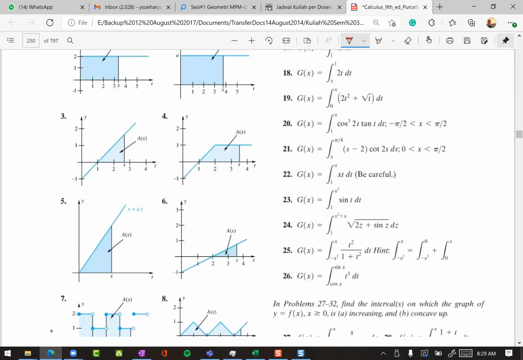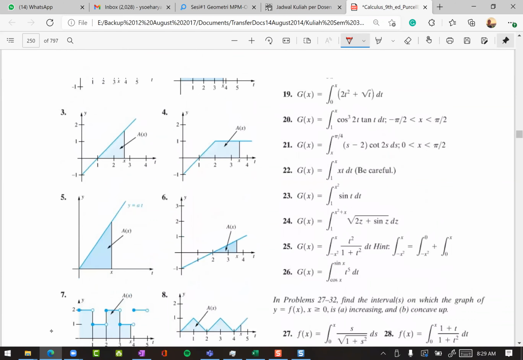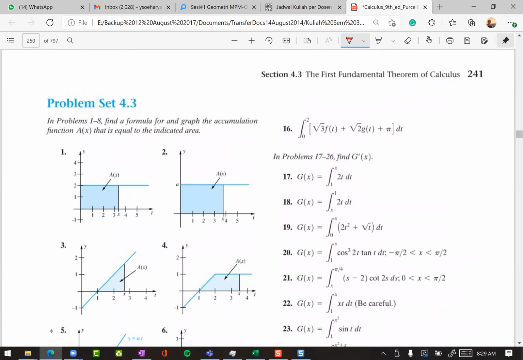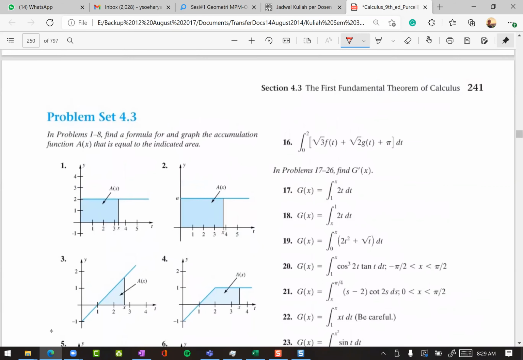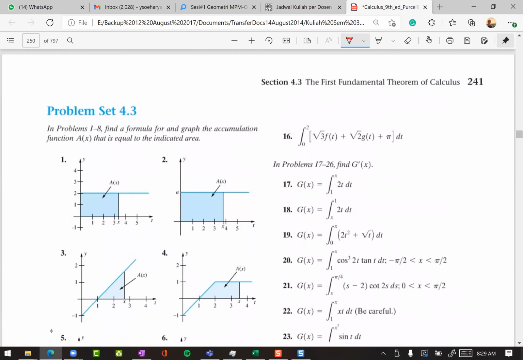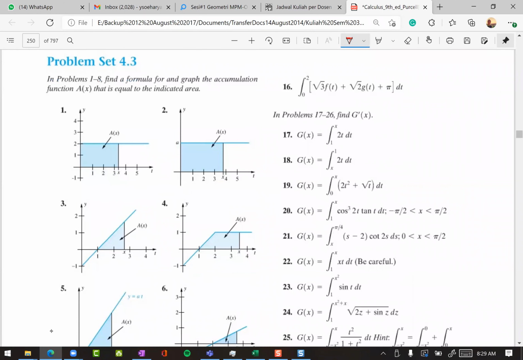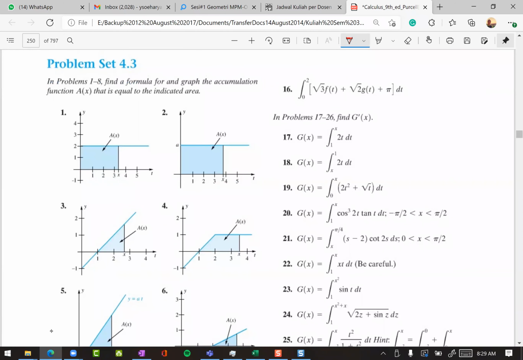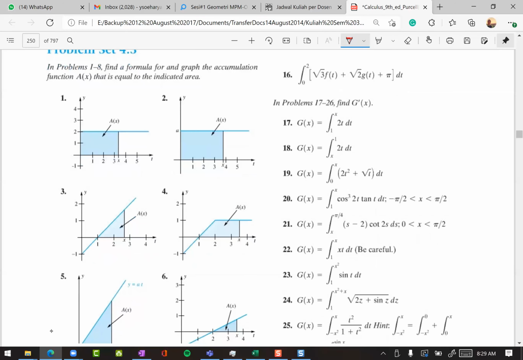So let's skip this one. Let's do two. All right, so examples.